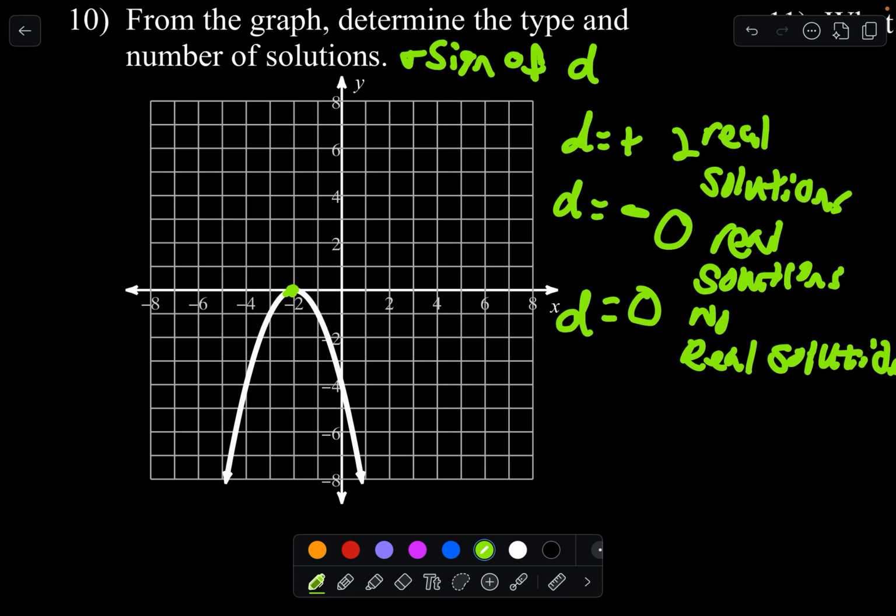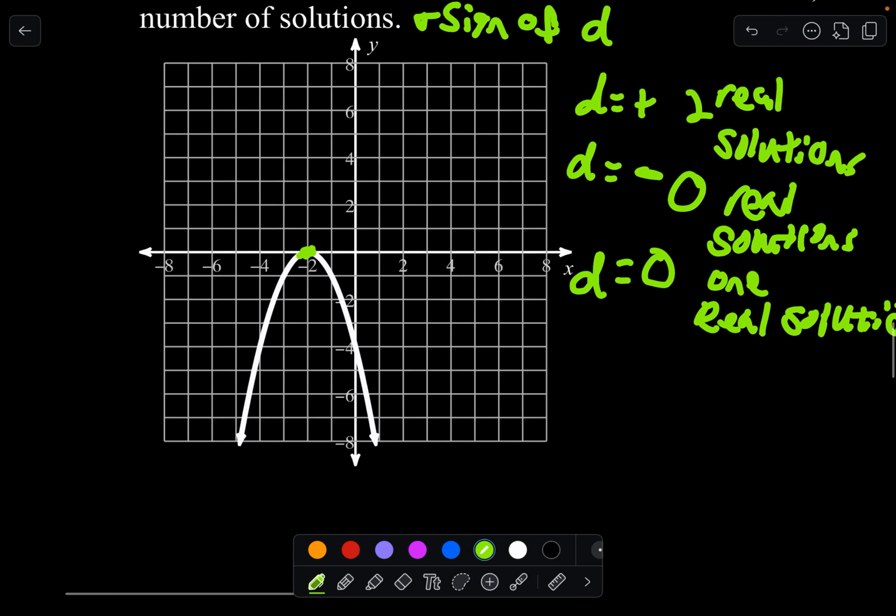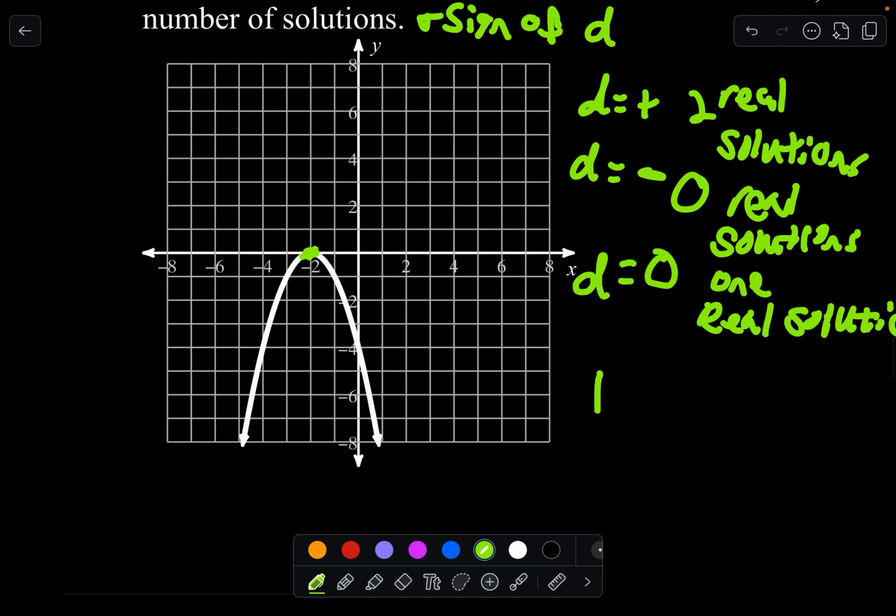Then we have one real solution. So you see, the graph just touches the x-axis. So that means there is one real solution because it touches the x-axis once.